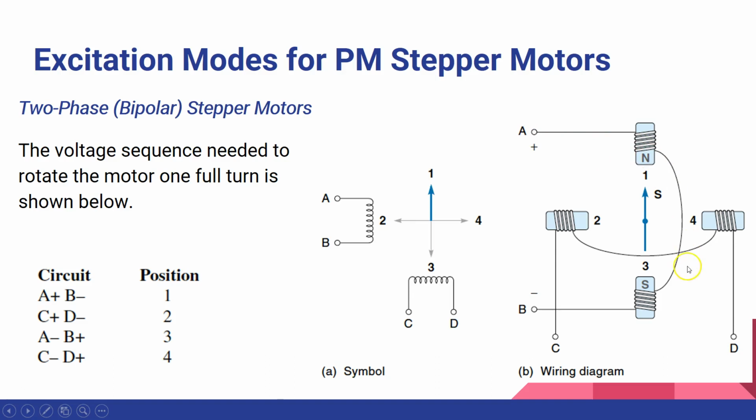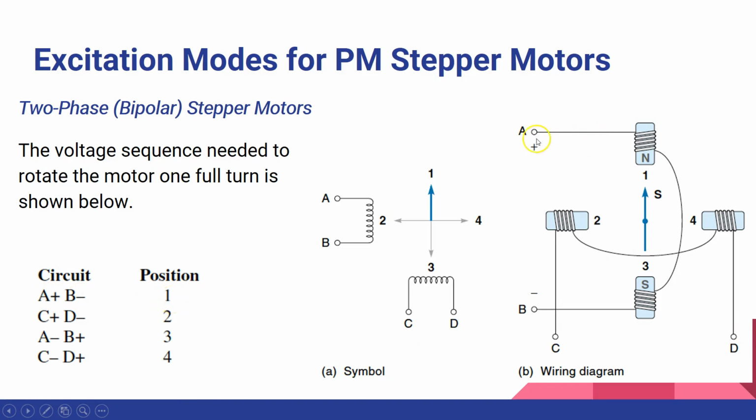And then you see these wirings, how they are connected. Coil 1 is connected to coil 3, and then these are the two terminals. Terminal A right now is positive and terminal B is negative. If we see the other two coils, coil 2 and coil 4, they are also connected, and these terminals are C and D. So based on the circuit, when terminal A is positive and B is negative, that is the first position.